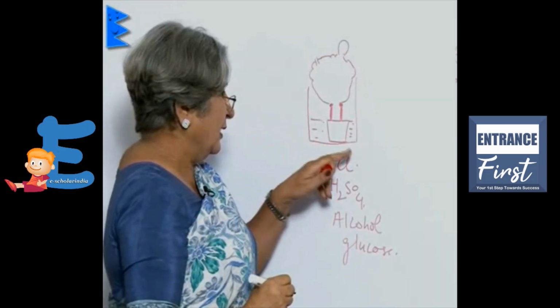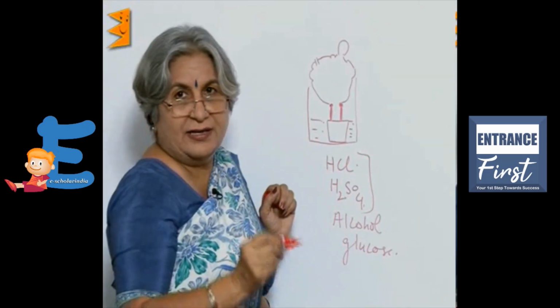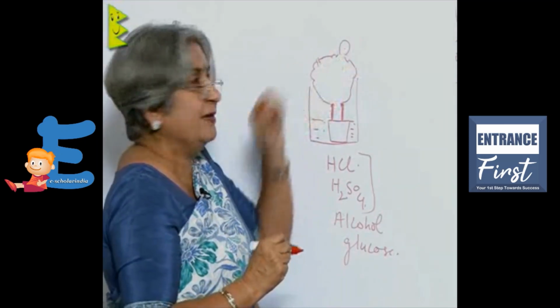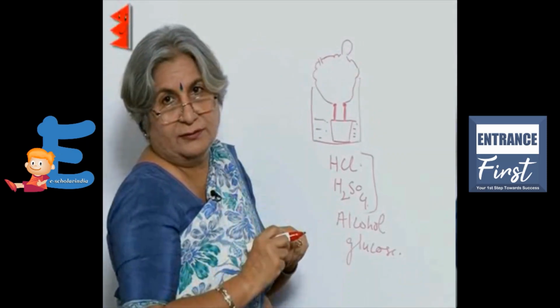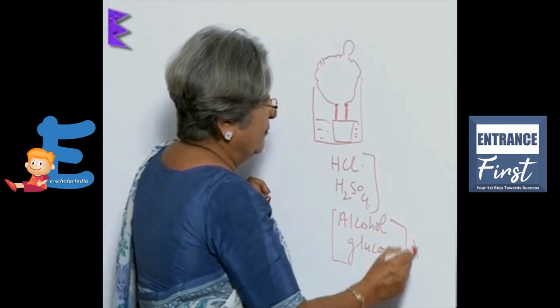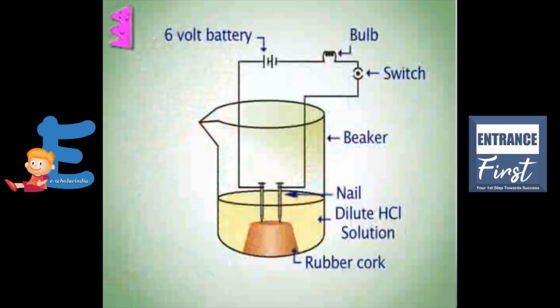So what we found is that in the case of hydrochloric acid and sulfuric acid, when the circuit was complete, at that time the bulb glowed. But in the case of alcohol and glucose, the bulb did not glow. Now what happened here?